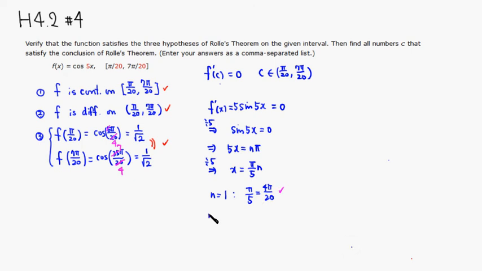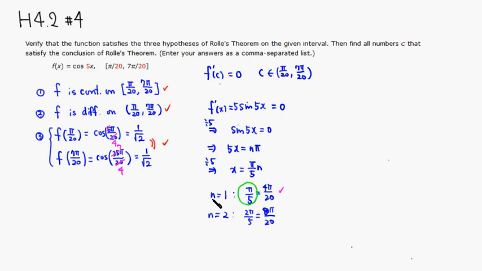And how about n equals 2? That would be 2 pi over 5, which would be, actually not 10, 8 pi over 20. You can see that this is already too big because it exceeds 7 pi over 20. So the only x value you can have is pi over 5.